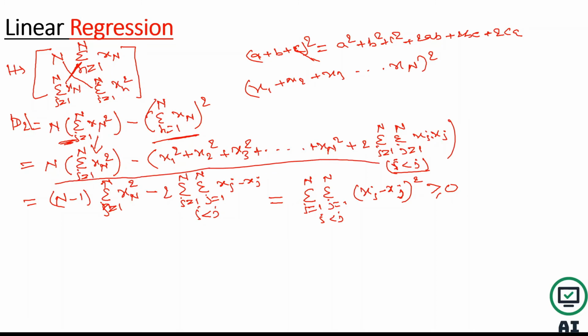And then if you take n minus 1, so this is xn square, and if you put this all till here, this is also xn square. If you take this common, n minus 1 would remain here, and then this particular term would be minus 2 summation of i equal to 1 to n, j equal to 1 to n, xi minus xj.